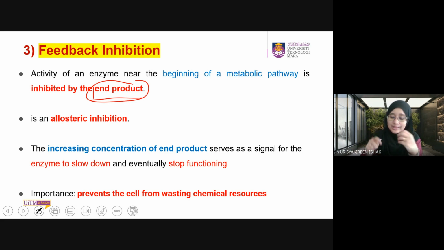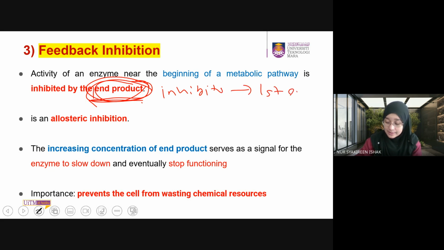So the end product becomes the inhibitor for the first enzyme of the pathway by binding to the allosteric site of that enzyme. So this is called allosteric inhibition.